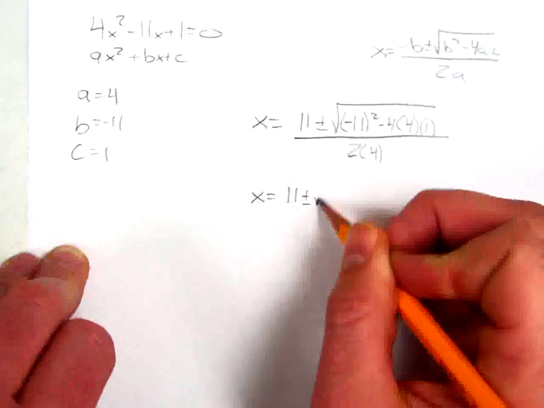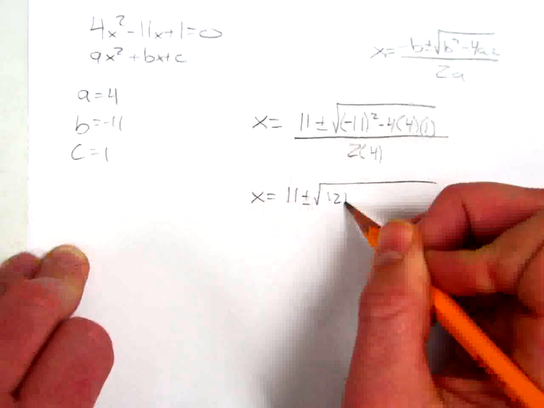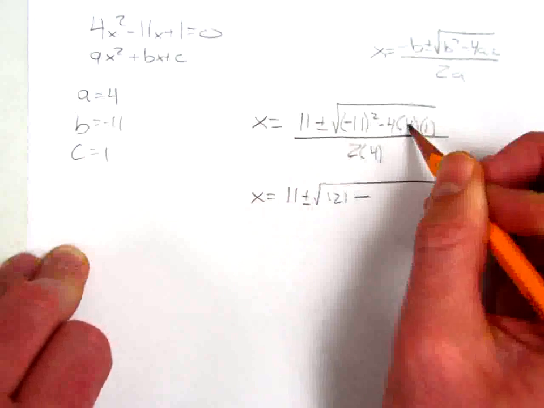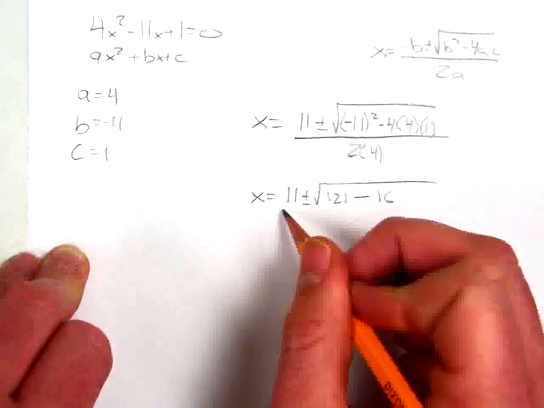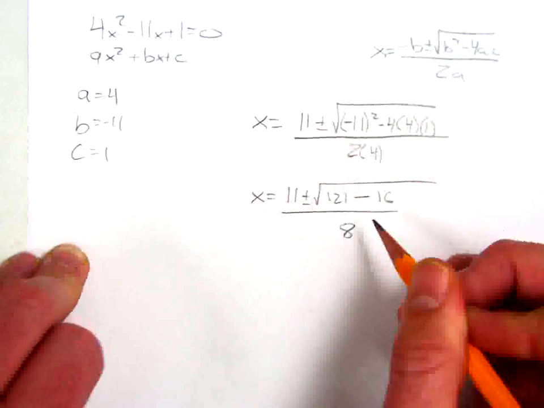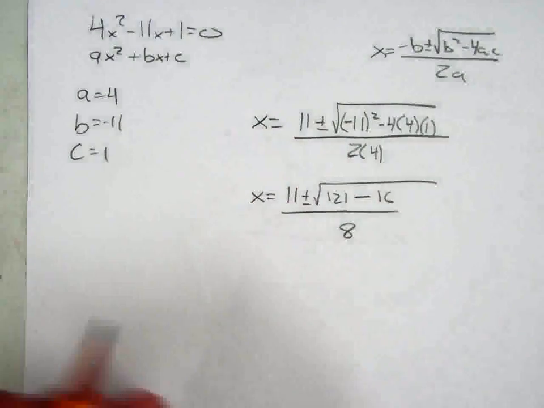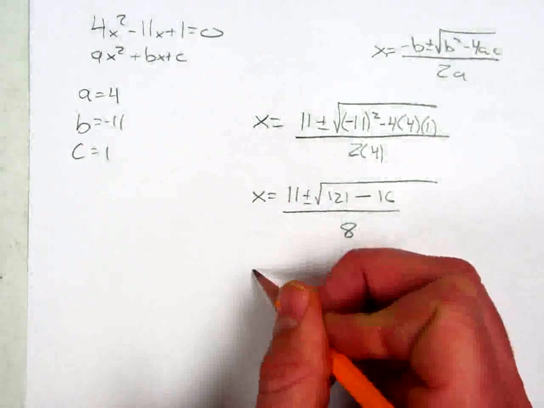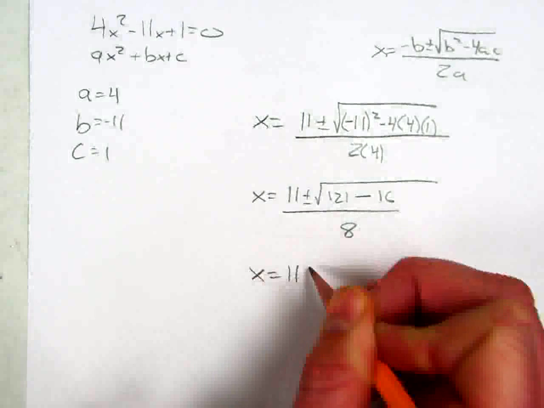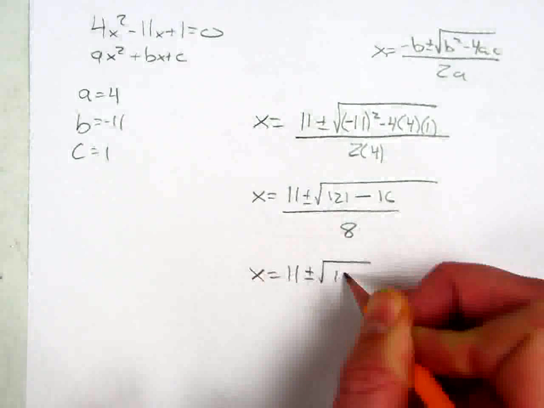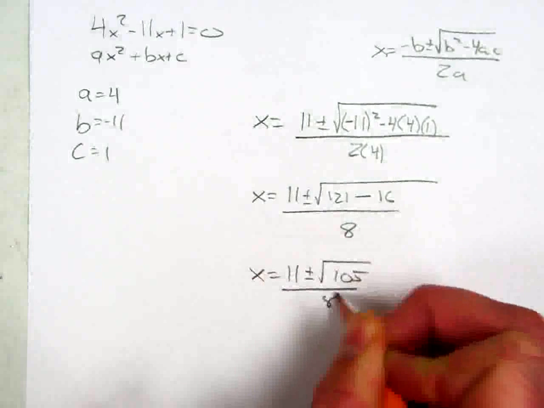I've still got my 11 plus or minus. 11 squared is 121, minus 4 times 4 times 1, which is just 16, all over 2 times 4, which is 8. If I do 121 minus 16, that leaves me with 105. So x equals 11 plus or minus the square root of 105 over 8.